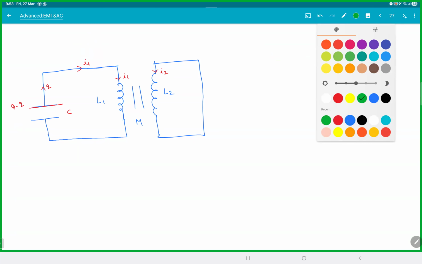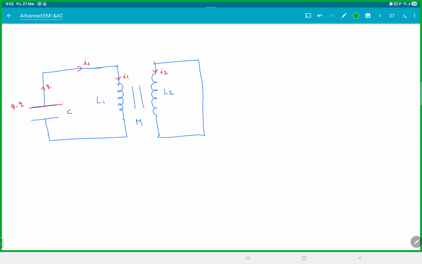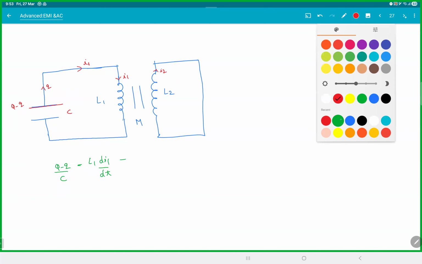Now when you apply Kirchhoff's loop law here, you're going from the negative to the positive plate: (Q minus q)/C minus L1 di1/dt plus, maybe I will take I2 that way only. This will try to support and that will try to oppose.